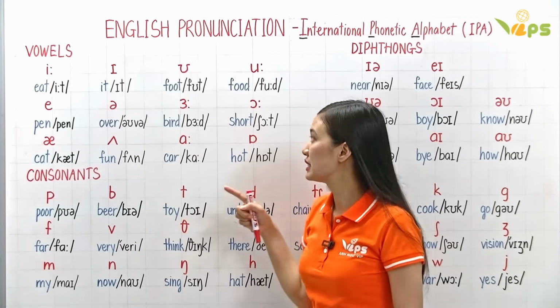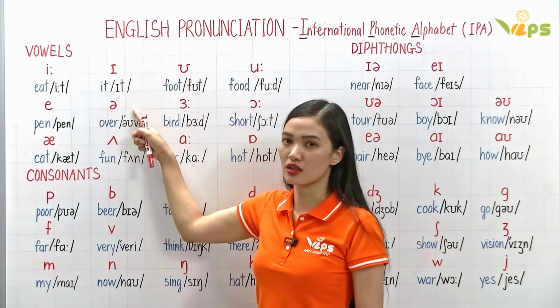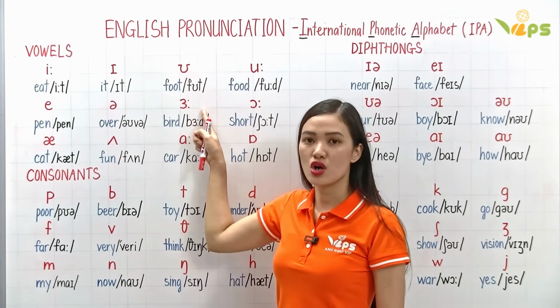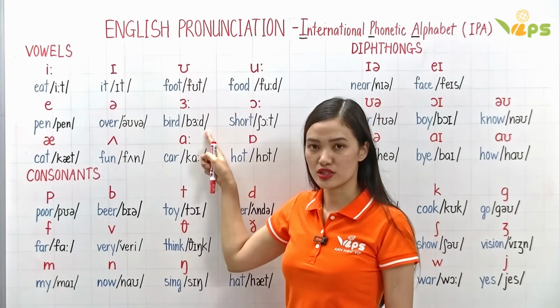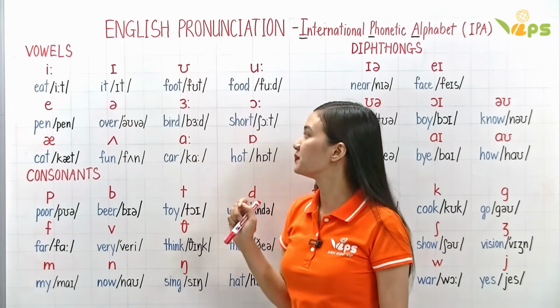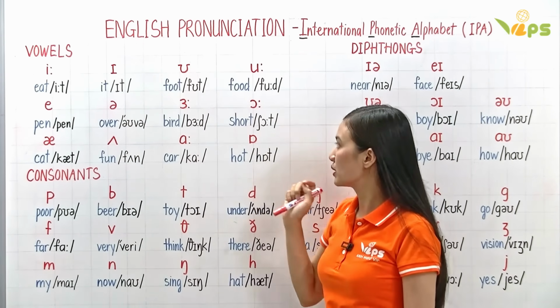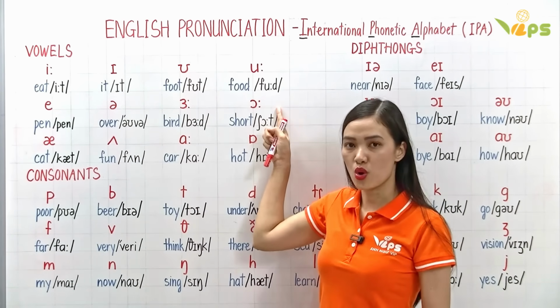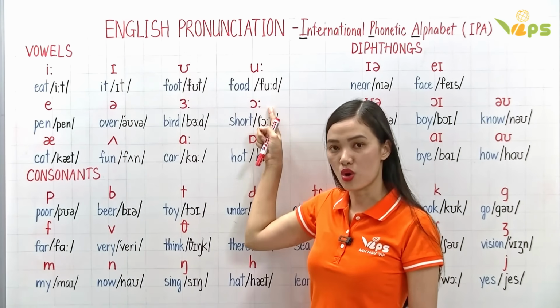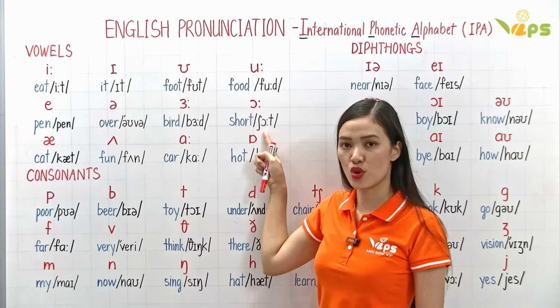Bird. So the difference, shorter, over, bird. This one, long or. Now, or, short.